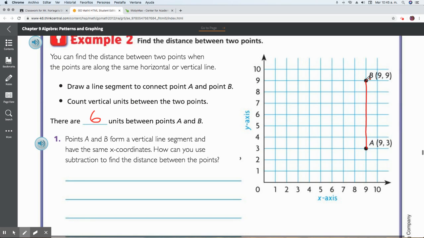Points A and B form a vertical line segment and have the same x coordinates. How can you use subtraction to find the distance between the points?